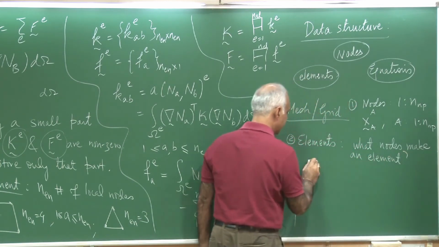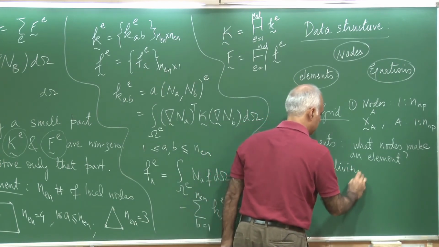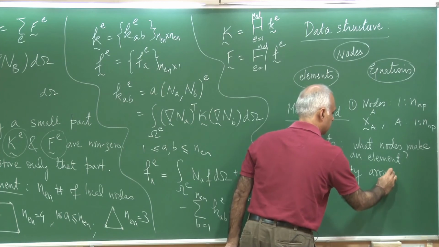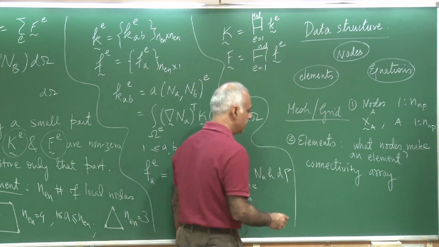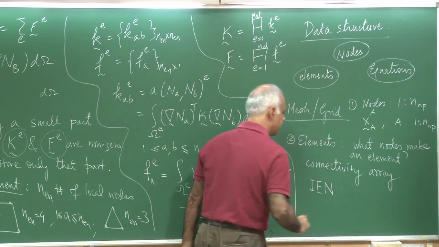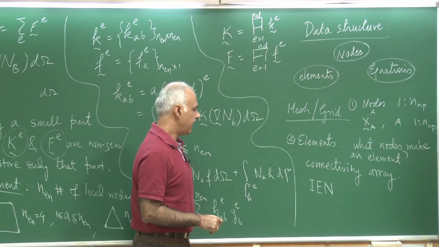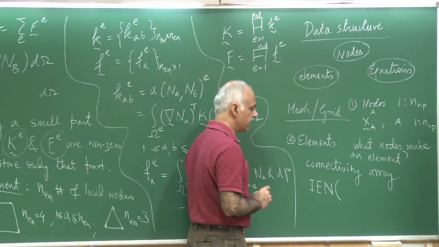And this is known as the connectivity array. Typically in a finite element program, we would say that there is an array called the IEN array, and it has two indices.